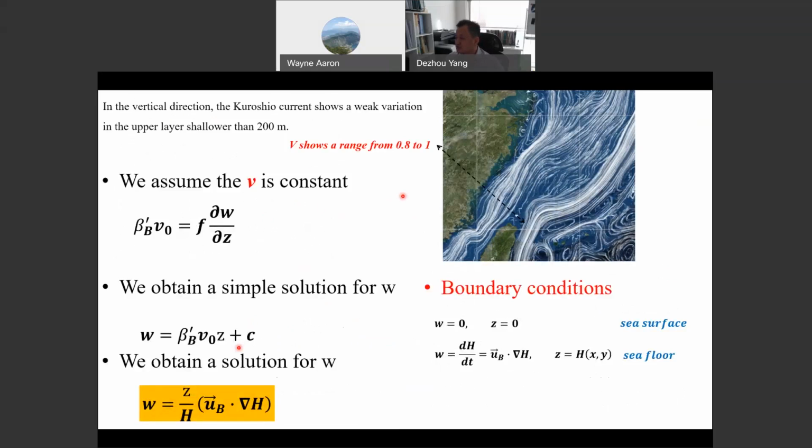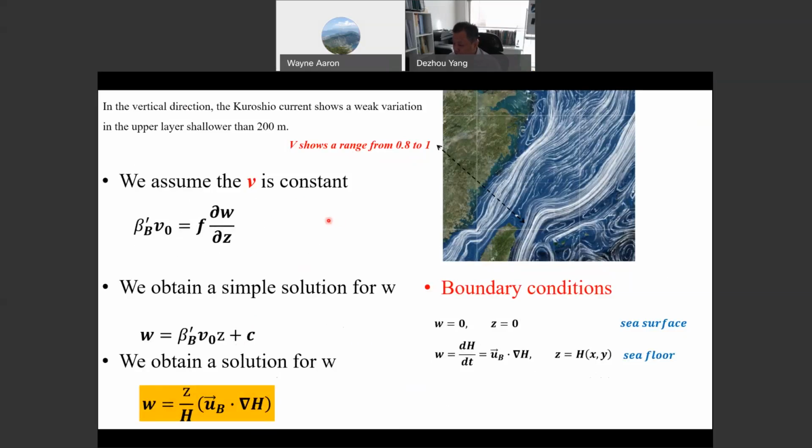Another interesting thing is that in this area, in the vertical direction, the Kuroshio current shows a weak variation in the upper layer. It means over the shelf break, the Kuroshio current shows a weak variation.